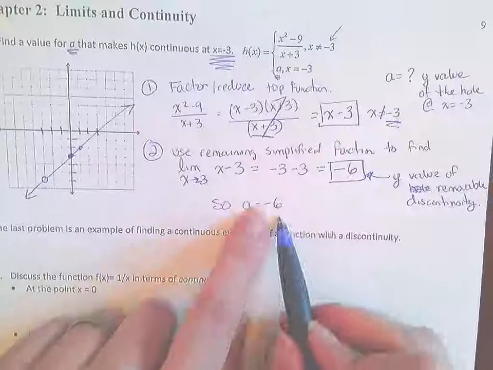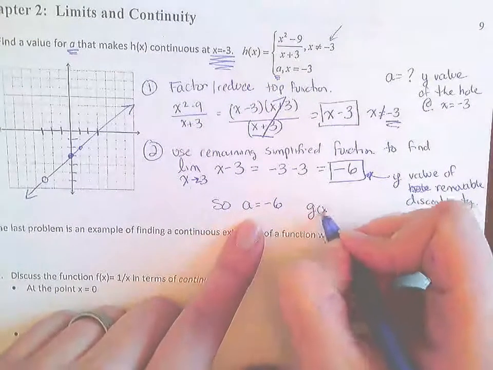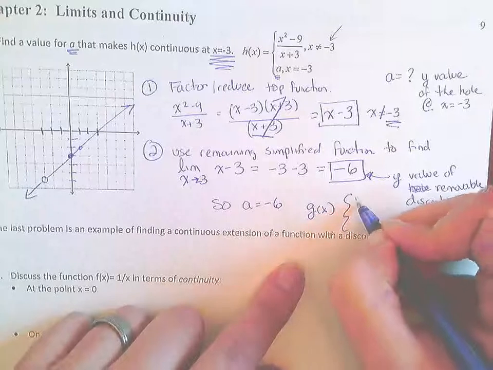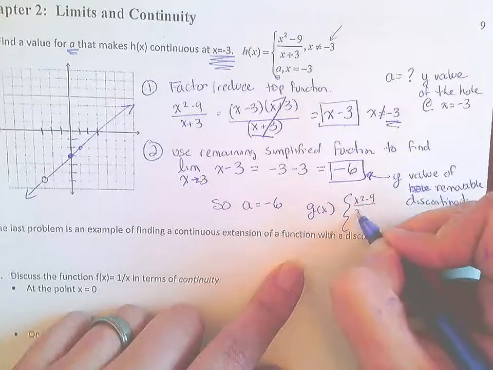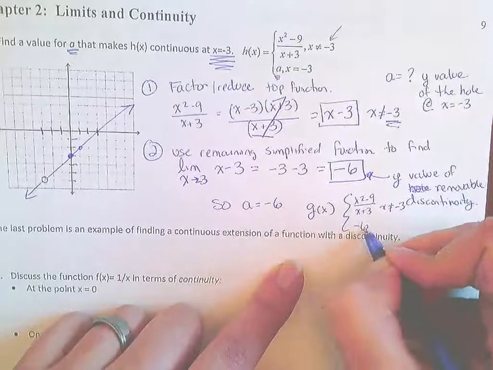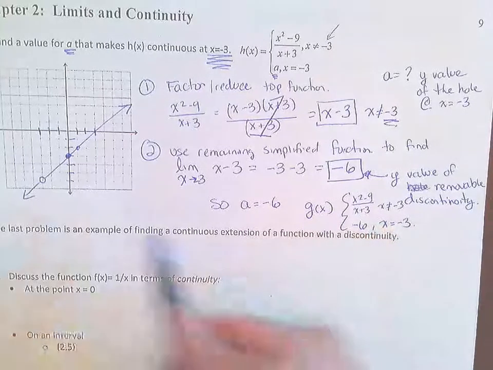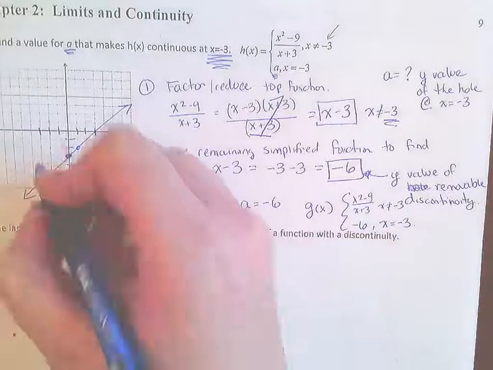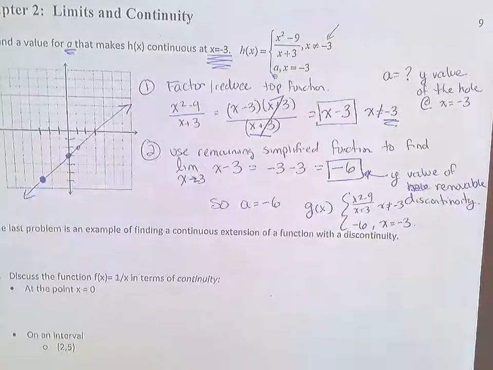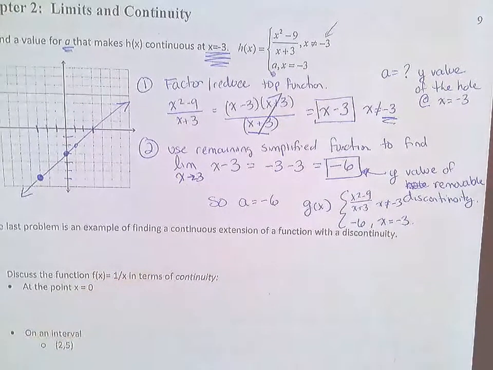But because I am graphing this along with the extension, which is now negative 6 when x equals negative 3, at negative 3, negative 6, I'm going to fill the hole. Now it becomes a continuous problem using the continuous extension.